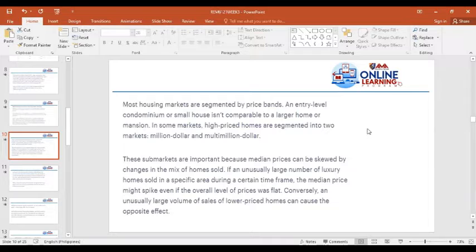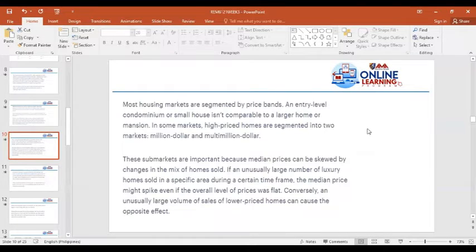These submarkets are important because median prices are skewed by changes in the mix of homes sold. If an unusually large number of luxury homes sold in a specific area during a certain period, the median price spiked even if the overall level of prices was flat.